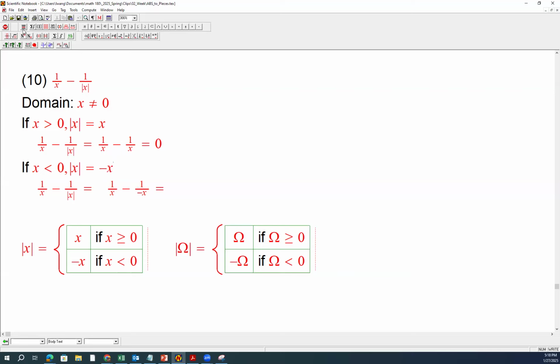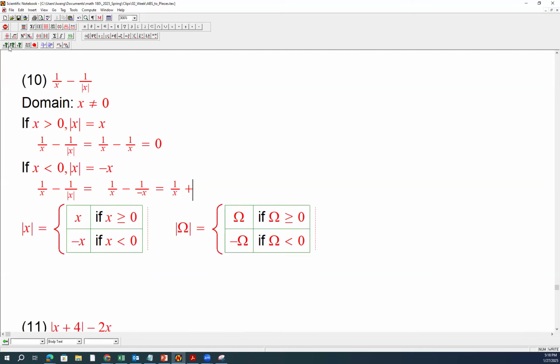So we got 1 over x plus another 1 over x, because there's a negative sign here. 1 minus 1 over negative x is 1 over x. So in the end, we get 2 over x.